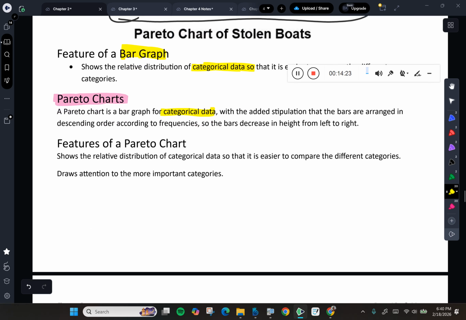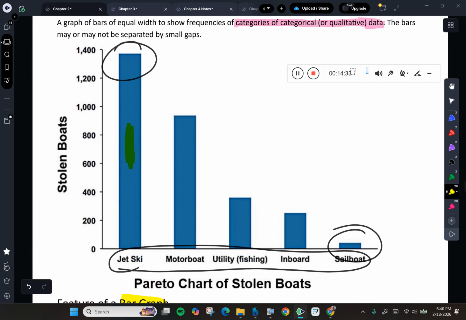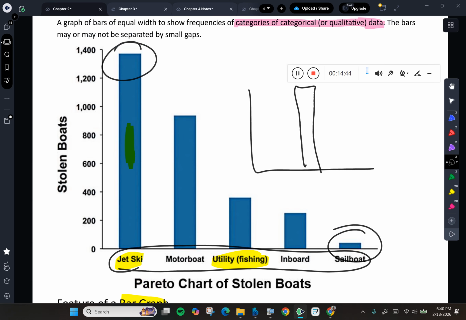Right? I mean, what's the purpose? Well, you could argue that it draws attention to the more important categories. I don't know that I agree with that, though. Because if this big bar right here for jet skis was over here in the third position instead, and my graph looked like this, where this bar was the tallest, and that was jet skis, I would still argue that that big bar, this being the largest bar, would still stand out.